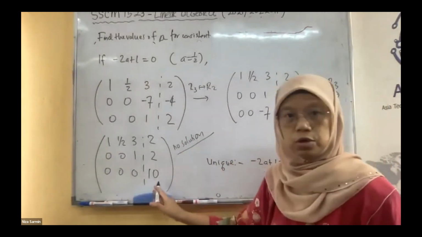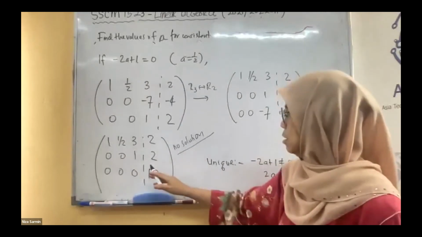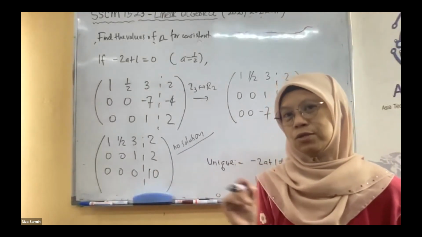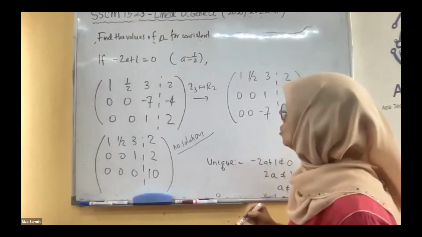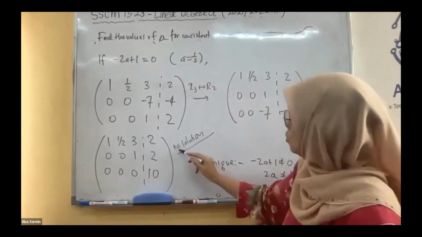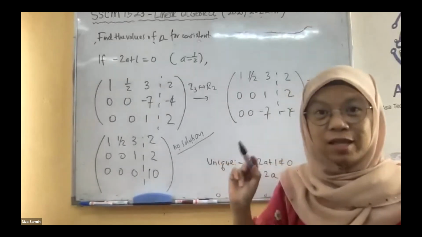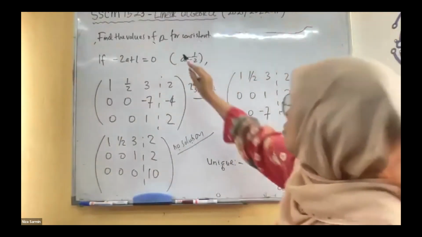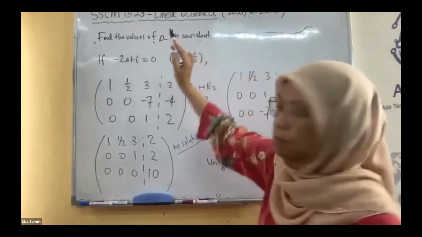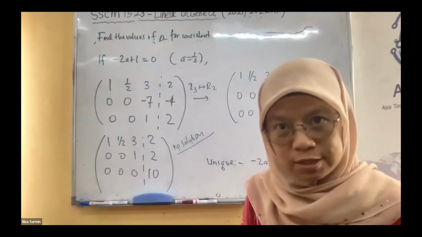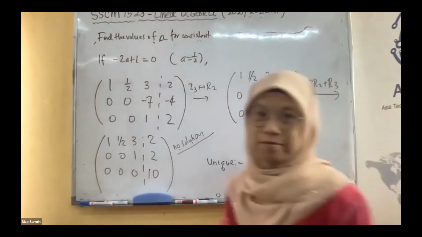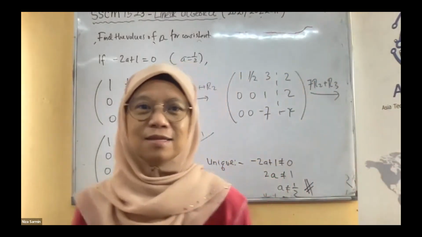Whether you put 0 equals 10 or the rank is less. The rank is 2, the rank is 3. So for this one, there is no solution, but don't forget to answer the question. Thus, for the system of linear equations to be consistent, A is not a half. That is the final answer.